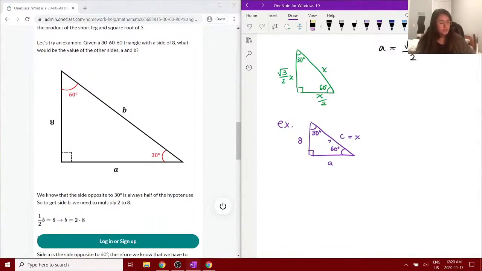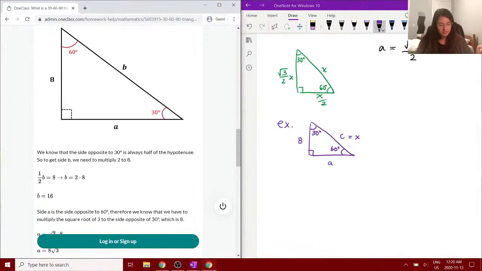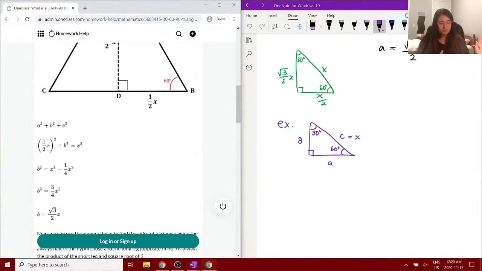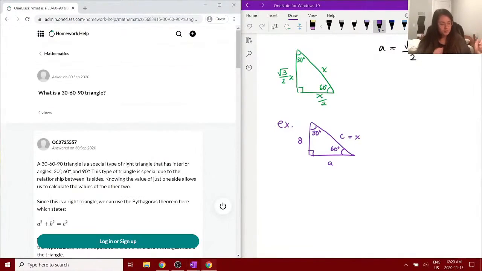So I'm going to change this to C because you're going to need to use it as C anyways, and I don't want you getting confused. So we'll say that we need to find what B is. Okay, so we know that C, using our special triangle up here, is equal to x.